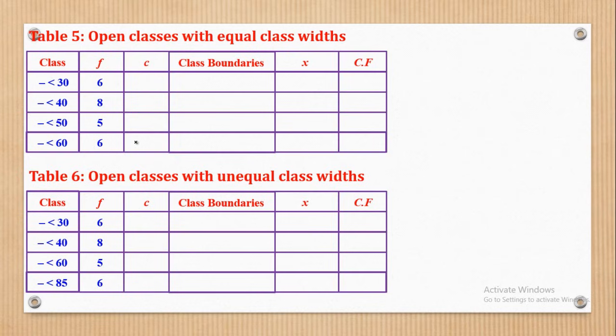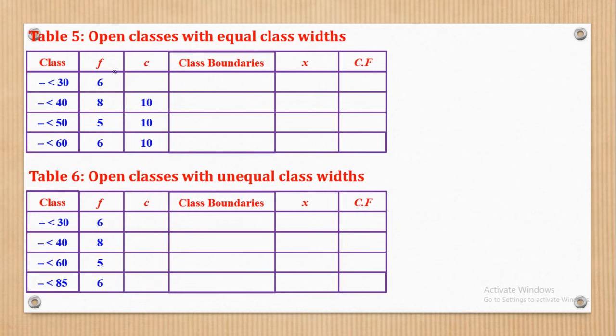So I'm going to start from this, by filling here, going upwards. So how do we get it? Get this value minus this and put it here. That will be 10. Then also this value minus this, put it here. Then also this value minus this, put it here. Okay, now we have got that.